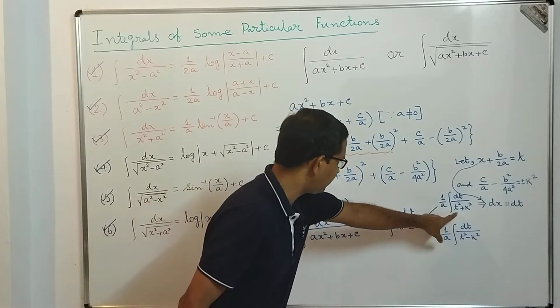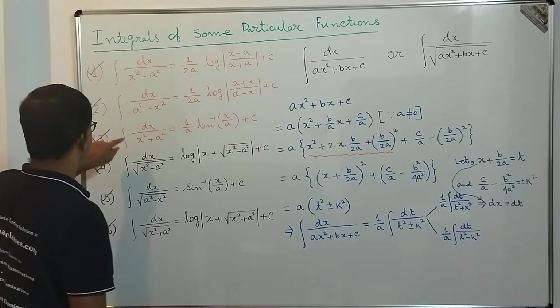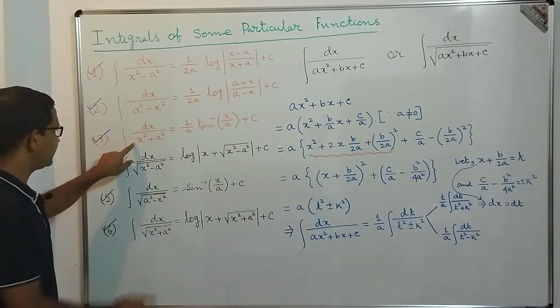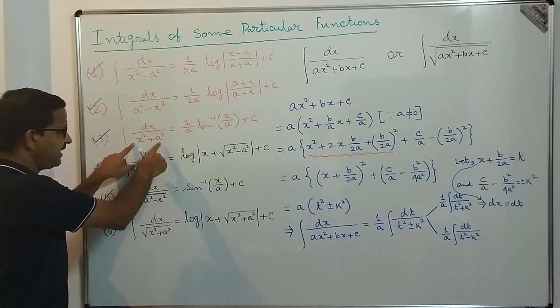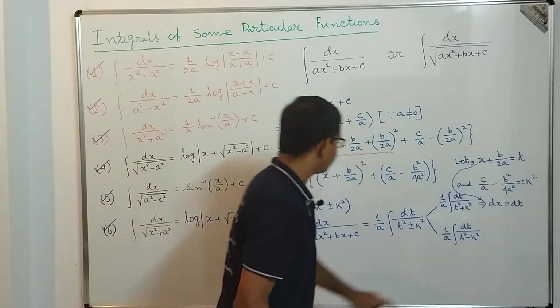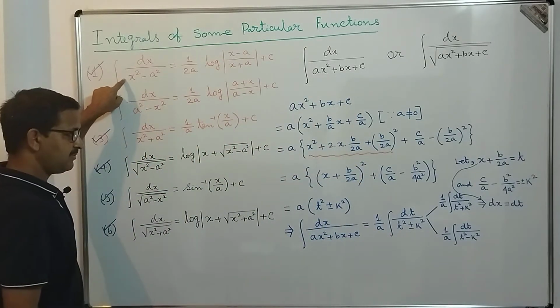If we get it in this form t square plus k square, then we should apply this formula dx by x square plus a square. Correct? And if we get t square minus k square, we will use this formula.